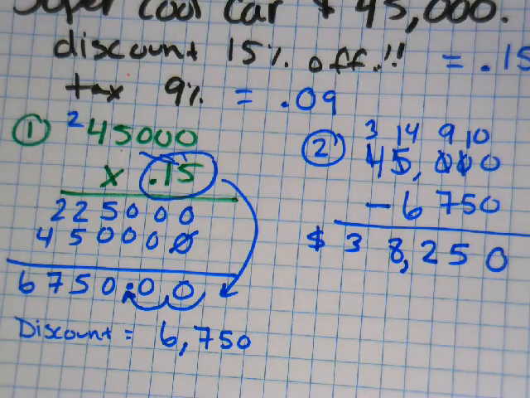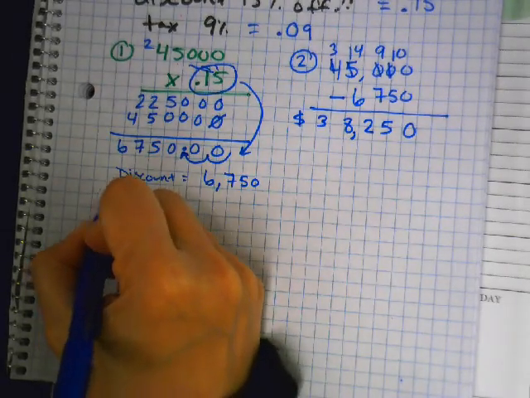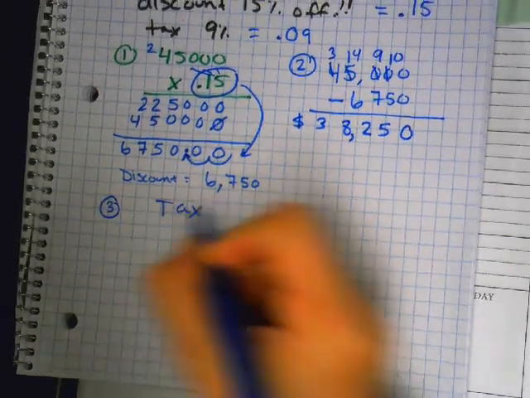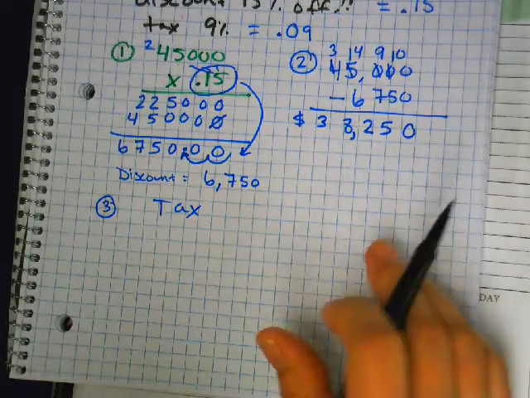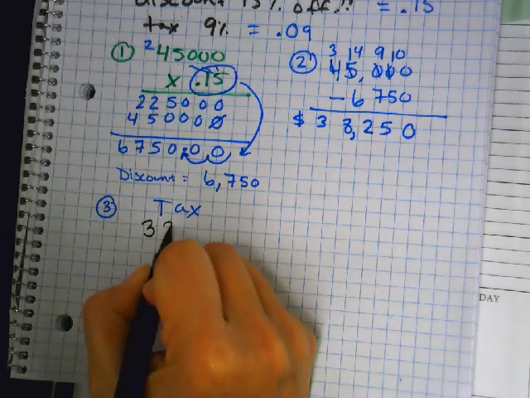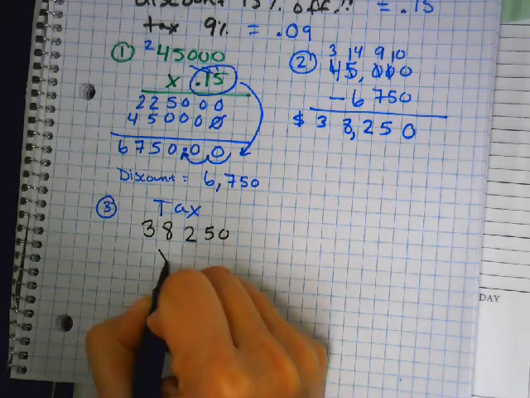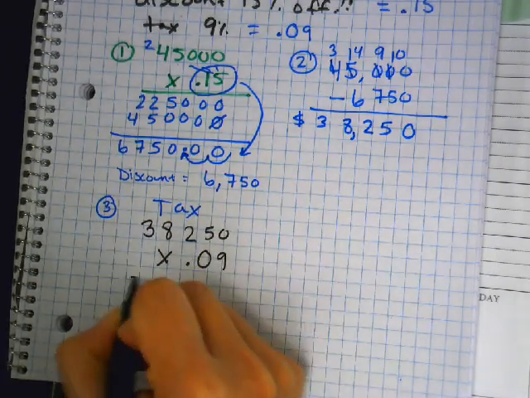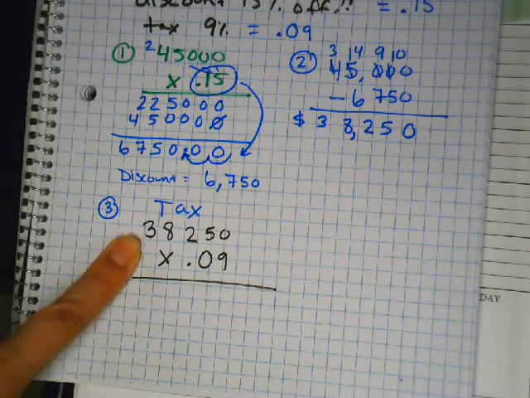Am I done? Nope. At the end of the day, you have to pay your taxes on it. So step 3 is now we're going to do the tax. The only thing I know of that gets taxed originally is cell phones, and since this is not a cell phone, they will tax you on the $38,250 times 0.09.